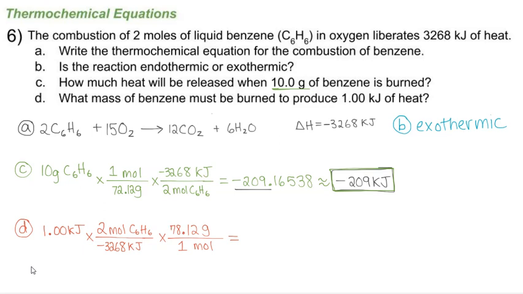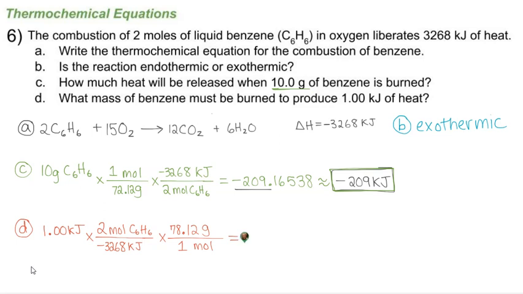So then when we multiply this out, we'll do 1 divided by 3268. So right away we know that this is not going to be a very large amount of benzene because we're only producing 1 kilojoule of heat, times 2 times 78.12.